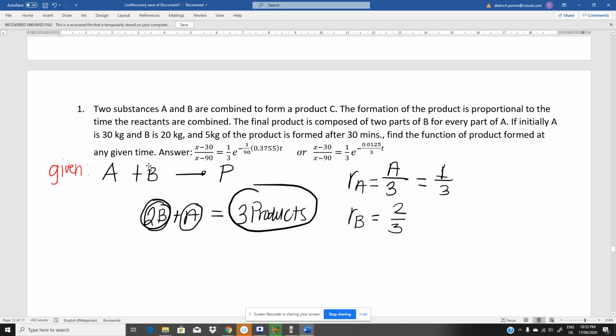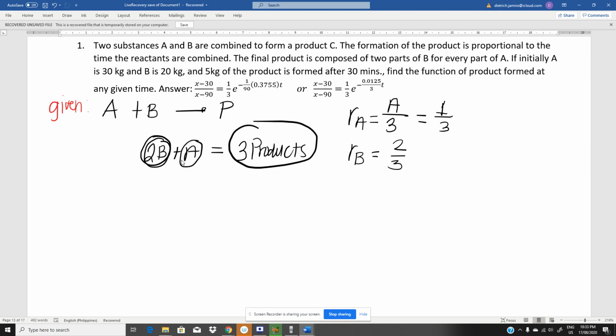And then, plugging this into our equation, by the way, our Ma is equivalent to 30, and our Mb is equivalent to 20 kilograms.